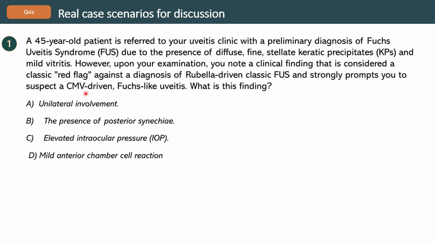So one of the differential diagnoses of Fuchs uveitis syndrome is cytomegalovirus. Elevated intraocular pressure and mild anterior cells can present in both. So the answer here will be the presence of posterior synechia. This is against the classic Fuchs uveitis syndrome.